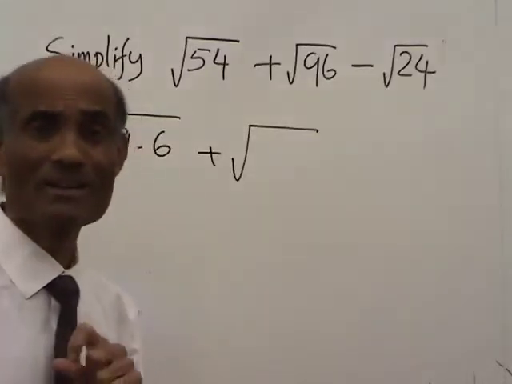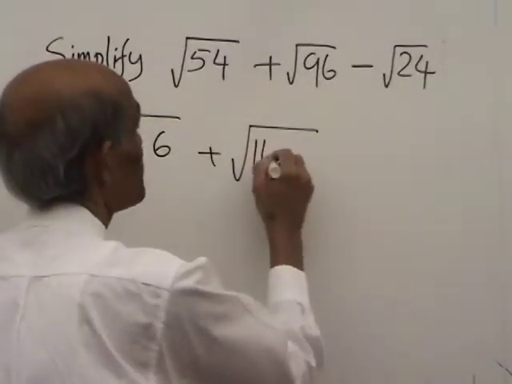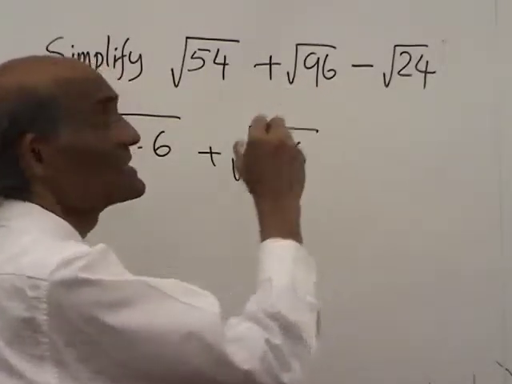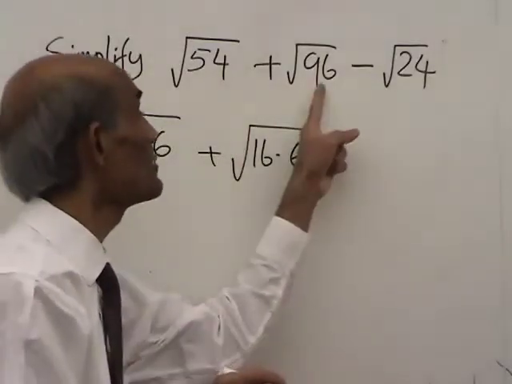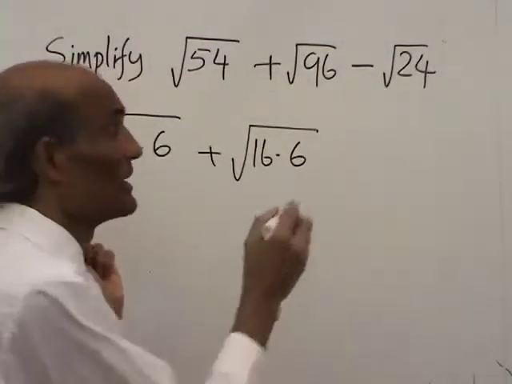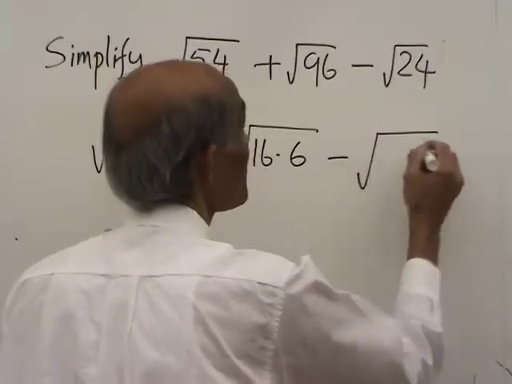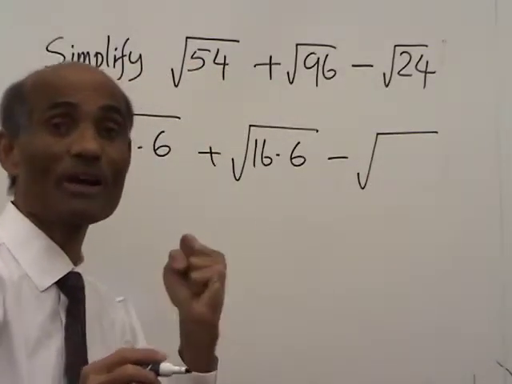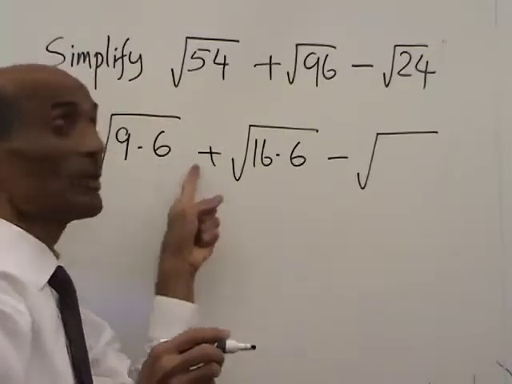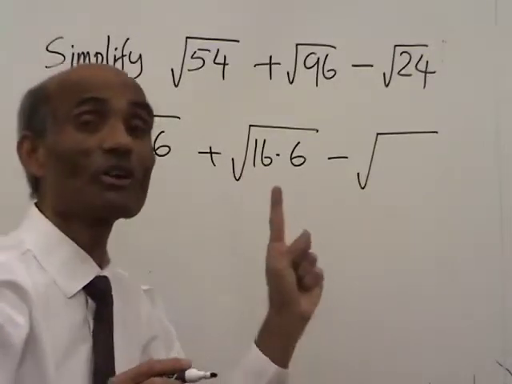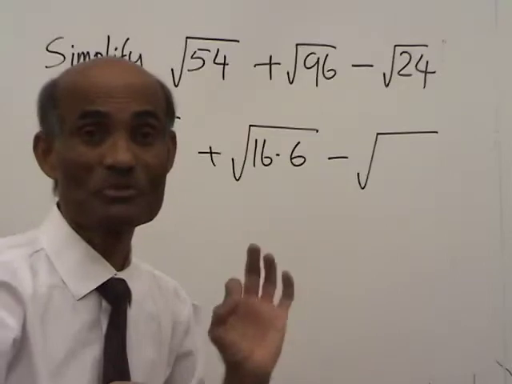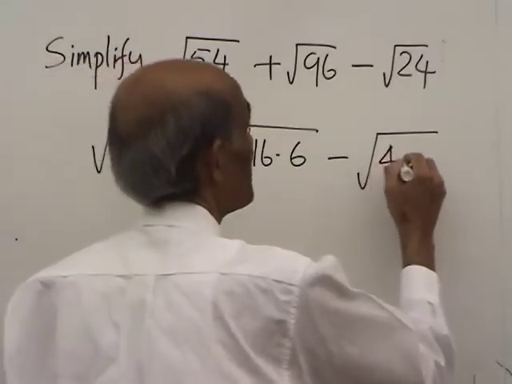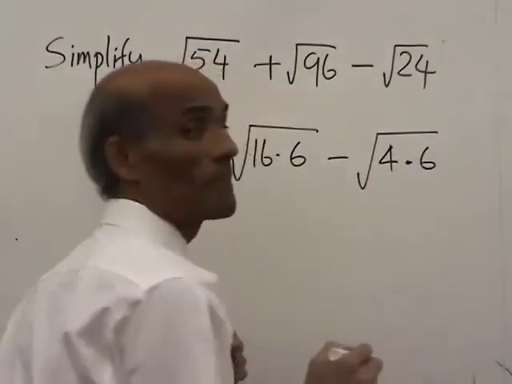16 times 6 is 96. So we write 96 as 16 times 6. Tell me, how will you write 24 as the product of a perfect square? The clue again, 24 is 4 times 6.